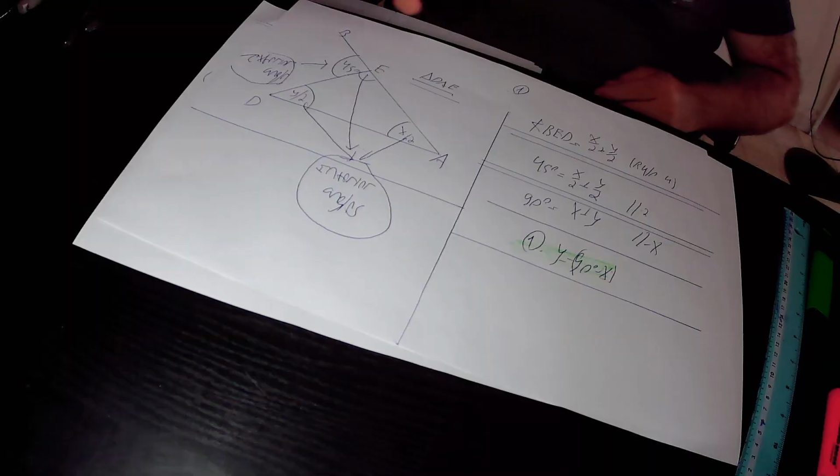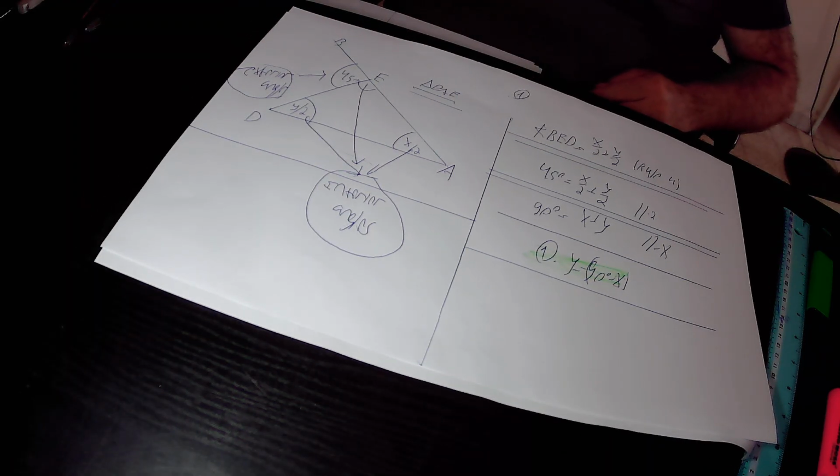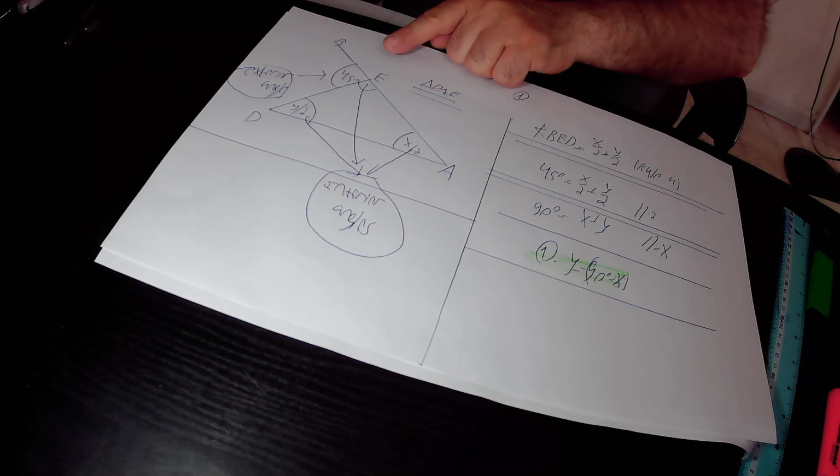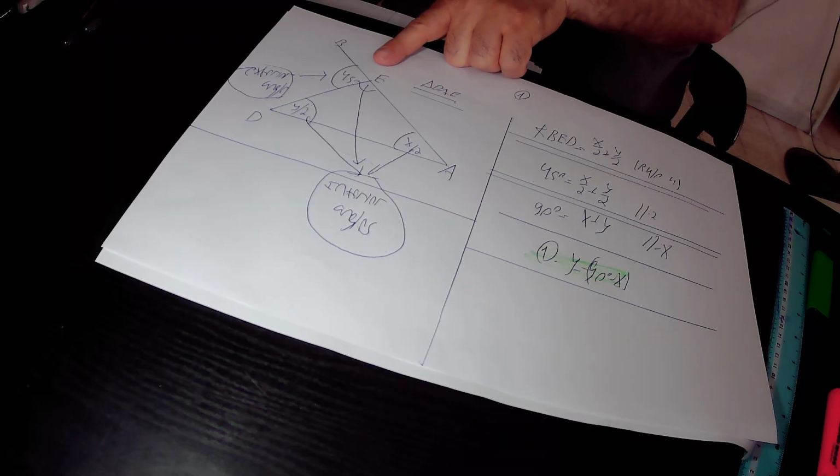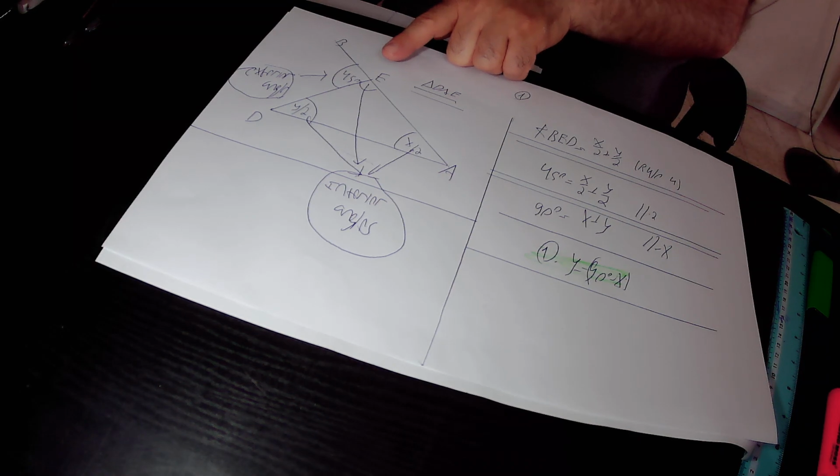So we can actually implement Rule 4 in our drawing. Why? Because in our drawing this is the external angle BED, and according to Rule 4, the size of the external angle BED is equal to the sum of the two interior angles that are not adjacent to it.